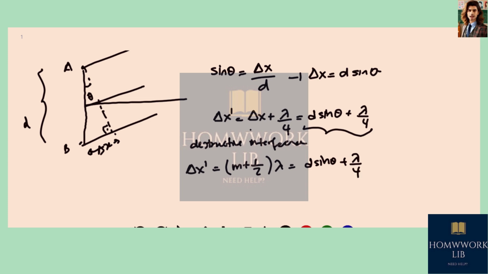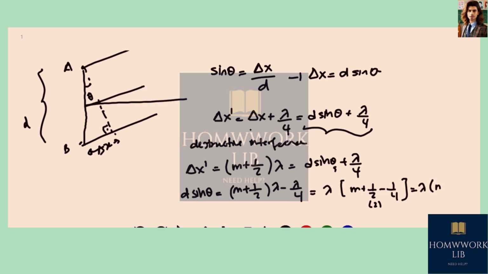Now if we isolate the angle, because we're looking for the angles at which the waves emitted by these two sources cancel each other out, then d sine theta is equal to m plus 1/2 lambda minus lambda over 4. Then it's lambda times m plus 1/2 minus 1/4.